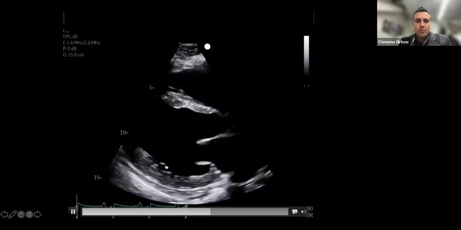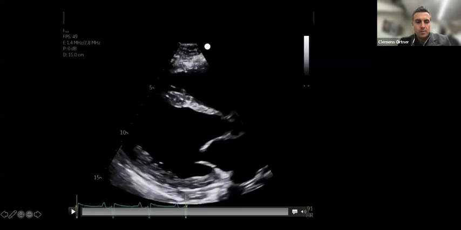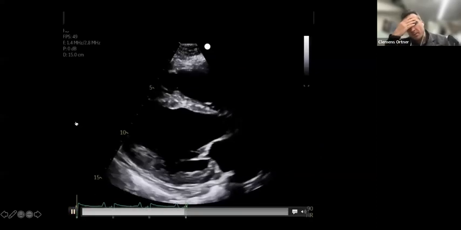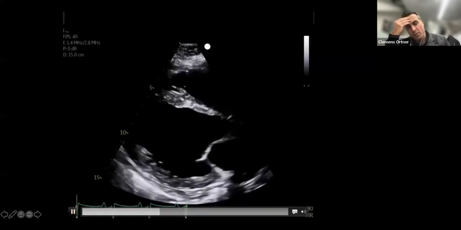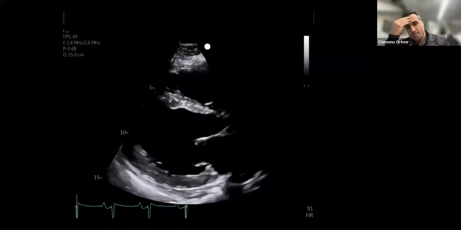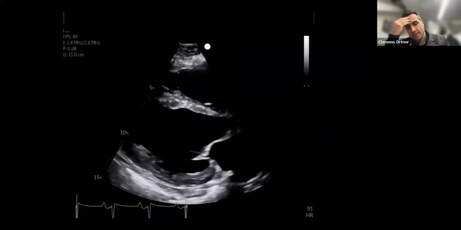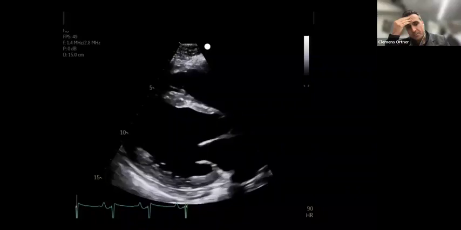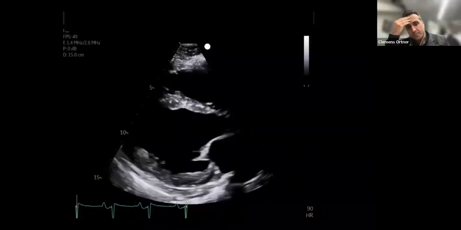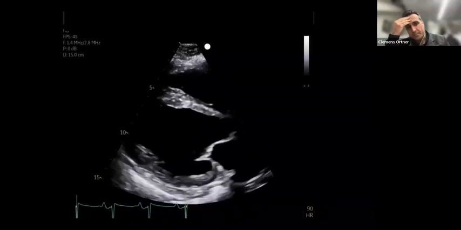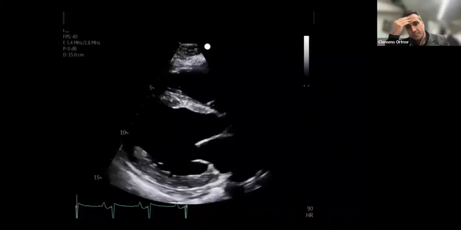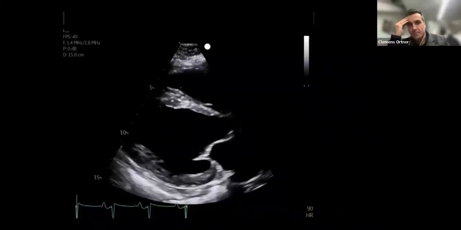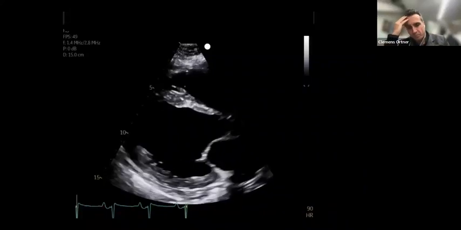Here, that's also a sign of, I mean, how would you assess, how would you estimate the systolic function in this patient? Any ideas?